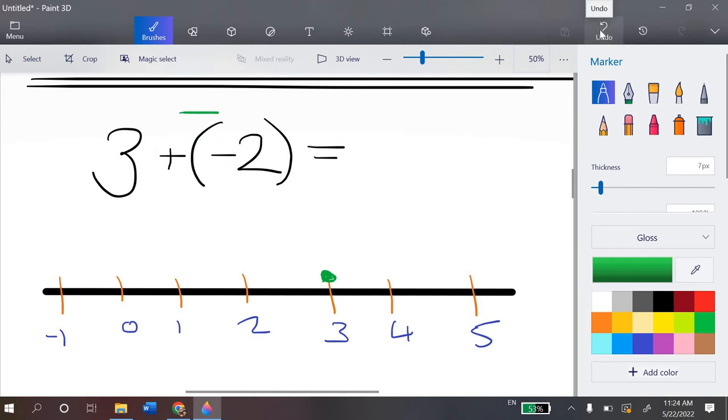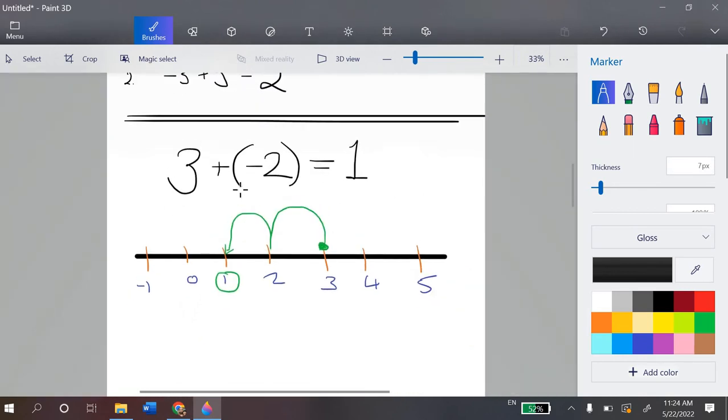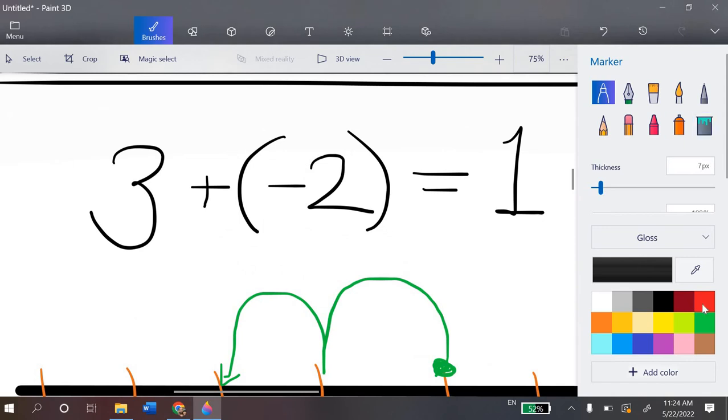So we're going to go the opposite of before. We're going to go backwards. 1, 2. Okay, back 1, 2. Our answer is 1. Okay, so all we do when we have plus minus number, you minus, okay? You go backward.